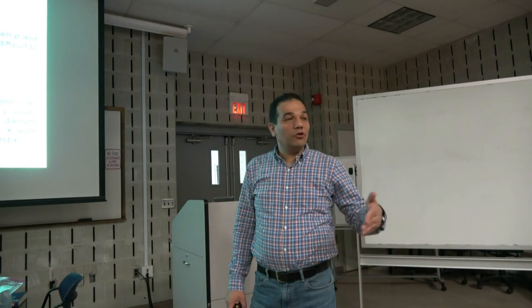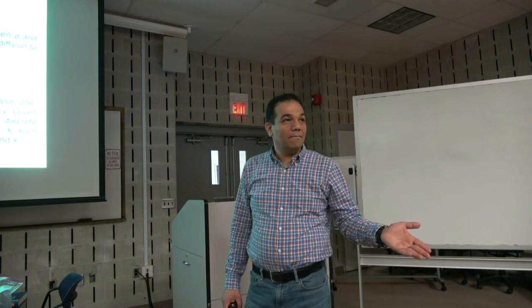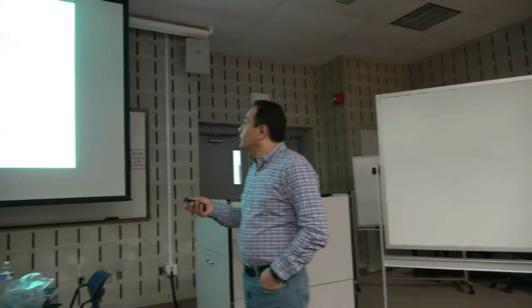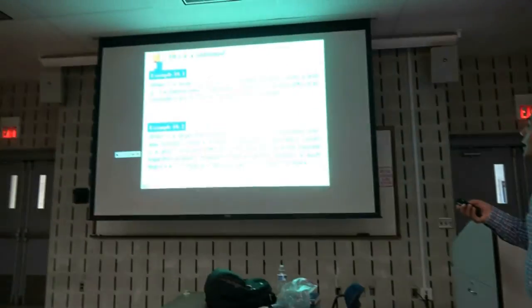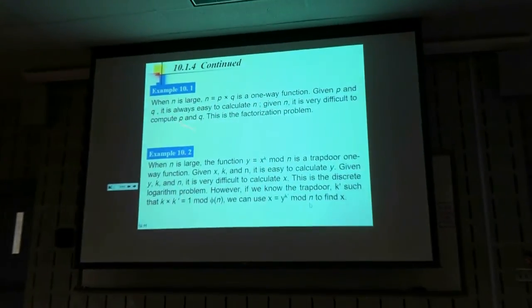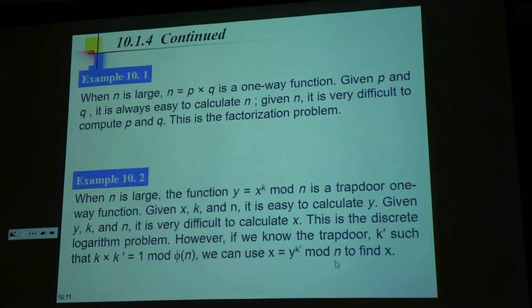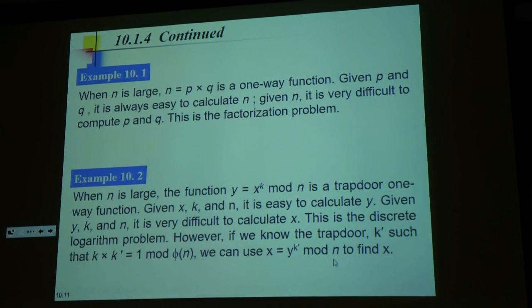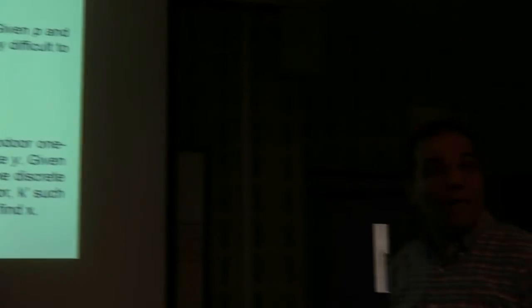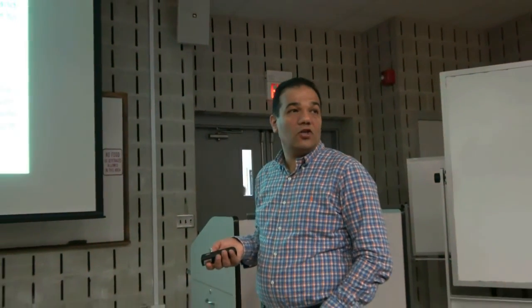You don't want to wait 100 years to get the decryption, right? So it is always easy to calculate n. Given n, it is very difficult to compute p and q. This is a factorization problem, and again, we explained factorization in the previous chapter. So, this has nothing to do with the Diffie-Hellman problem? It could. We're going to talk about it in the next chapter.